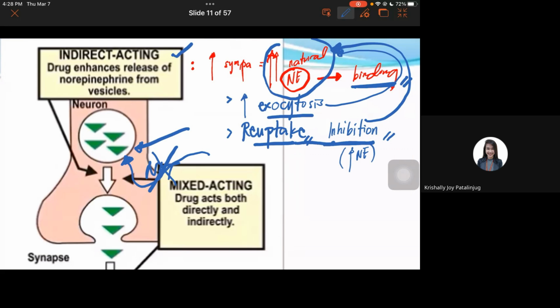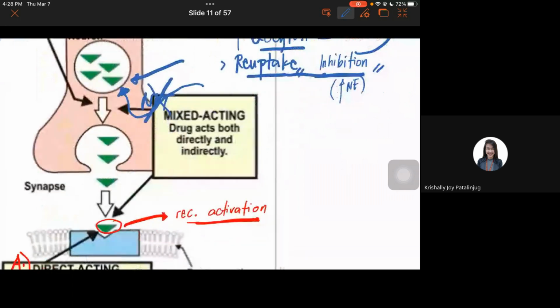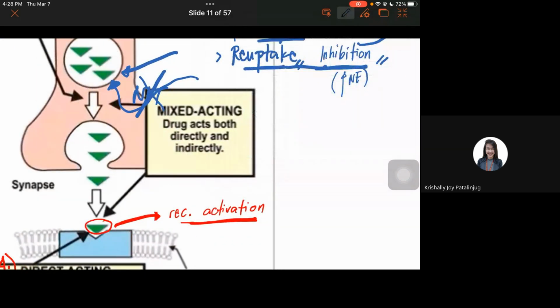Okay, that's good. Then we have the last general classification based on MOA. We have mixed acting. Kapag mixed acting, meron siyang, ang drug mismo, meron siyang both direct acting na mechanism, pwede din siyang mag-act indirectly. Okay? So kung direct, siya mismo yung kakabit sa receptor and then producing an effect. Indirect, particularly for mixed acting, yung associated sa kanya na indirect acting mechanism is being a releaser.